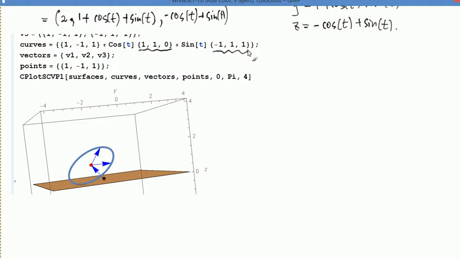They are perpendicular. If you dot them, you get 0. But the length is not the same. This one has length square root of 2, right? This one has length square root of 3. So one vector is a little shorter than the other. So if you sketch it with cosine and sine, it's going to make an ellipse like that, right?